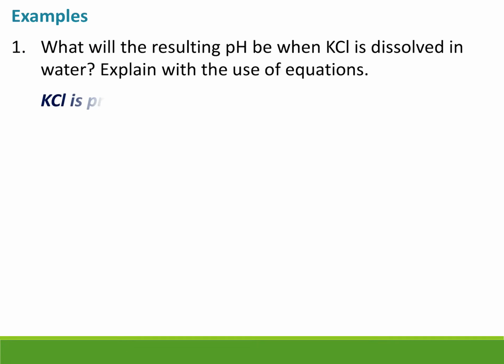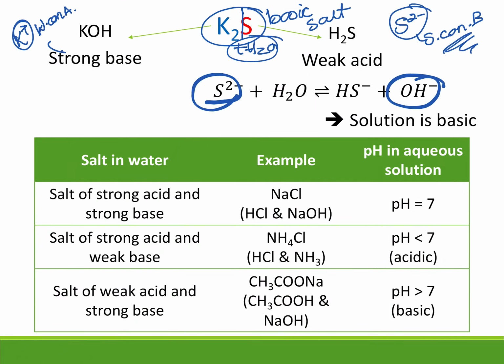Okay, so what you need to get here, because this is actually quite important, even if you're not 100% sure of what happened with the hydrolysis part, this is the important part. The salt of a strong acid and a strong base is neutral. Strong acid, weak base is acidic.